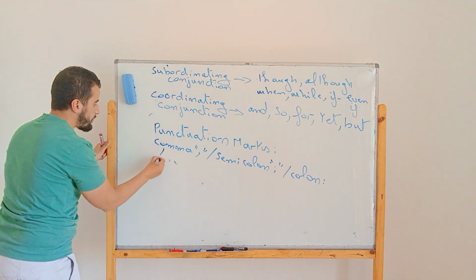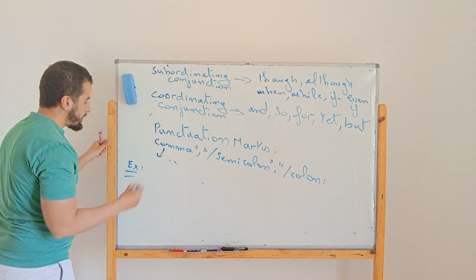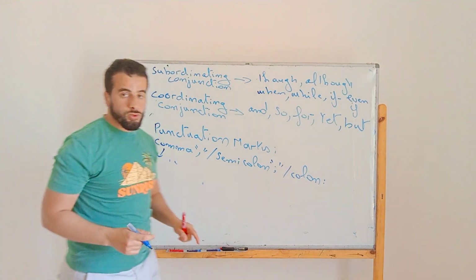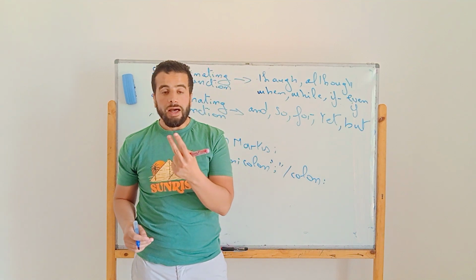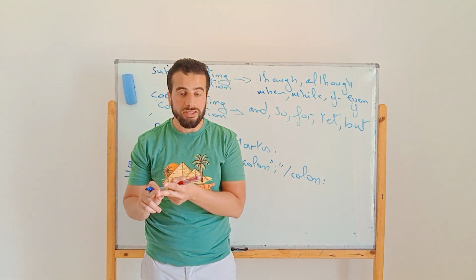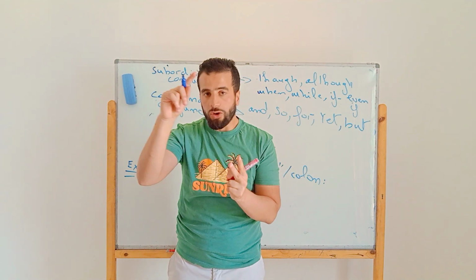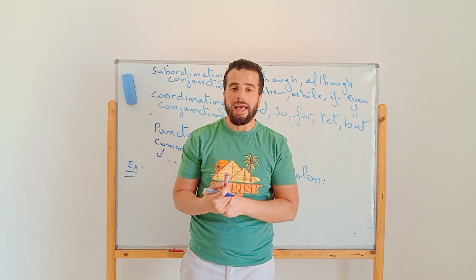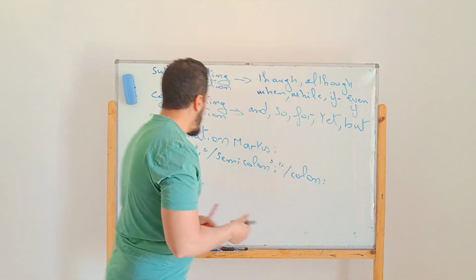Comma is used when we have two sentences that are considered as an additional idea. So the first one you finish with it, so you are going to give another idea but in addition. So you put a comma and then you put and, which is a coordinating conjunction.